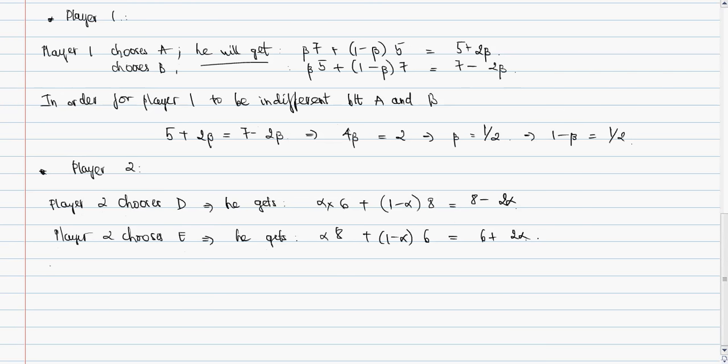Again, player 2 will be indifferent between choosing D and E, in order for him to be willing to randomize, only when the payoff he gets by choosing D and E are equal to each other.